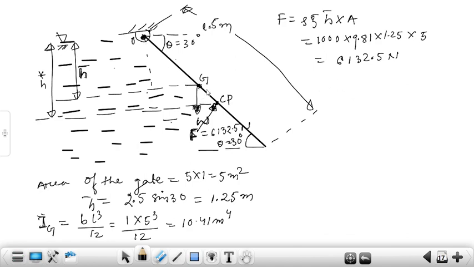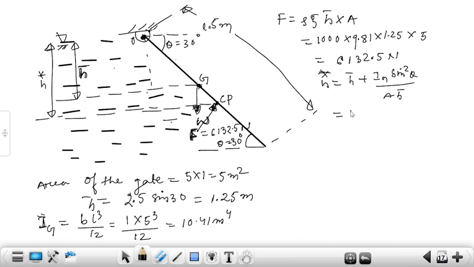Next we have to find the h star, where the F acts on the gate. So h star is h bar plus Ig sin square theta divided by A h bar.